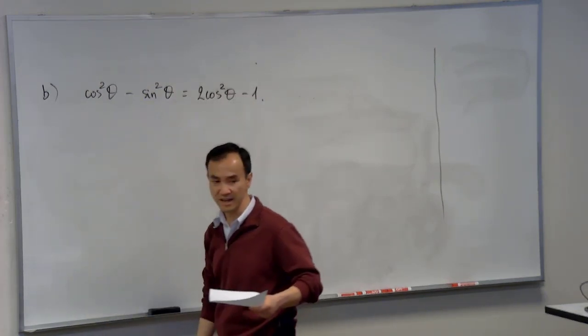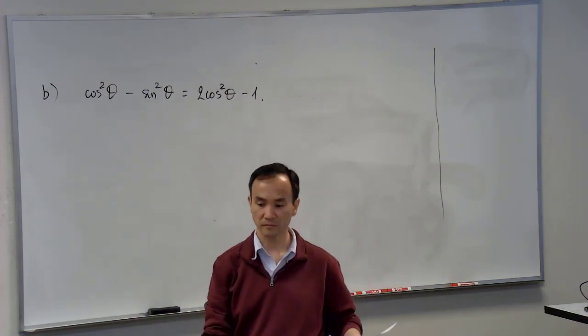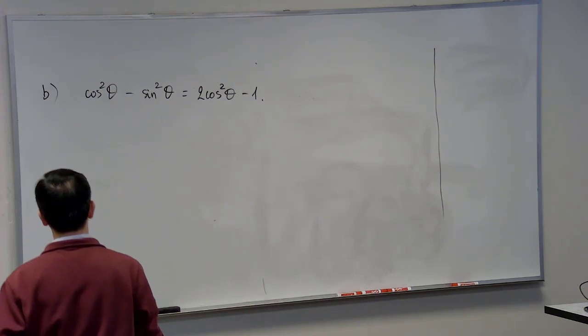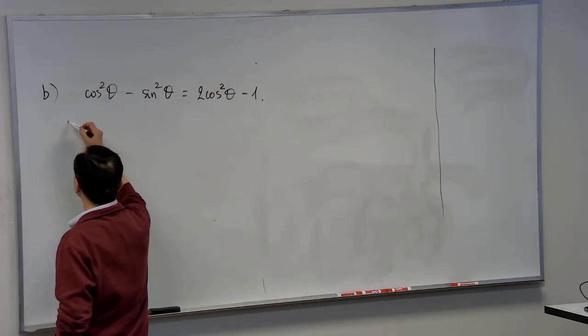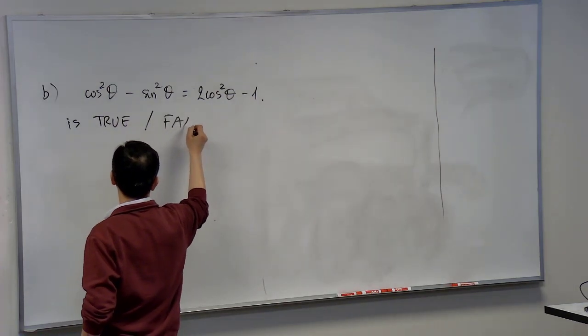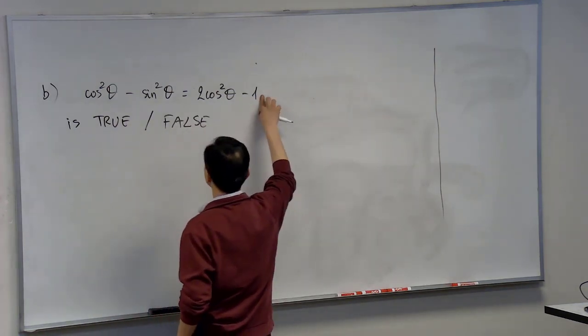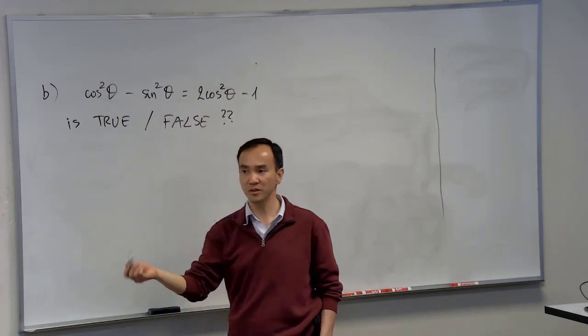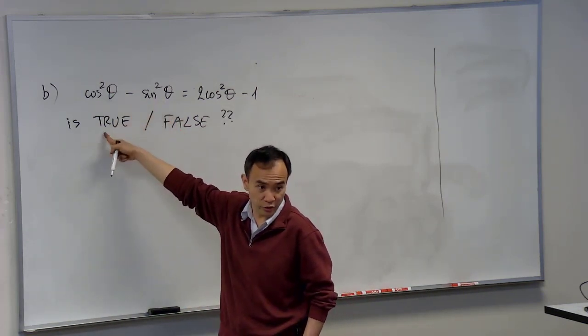We want to determine that. Like I said, we don't know if it's true or false. True or false, we want to determine that. I'm continuing the wording of the instruction: determine whether the given one is true or false.